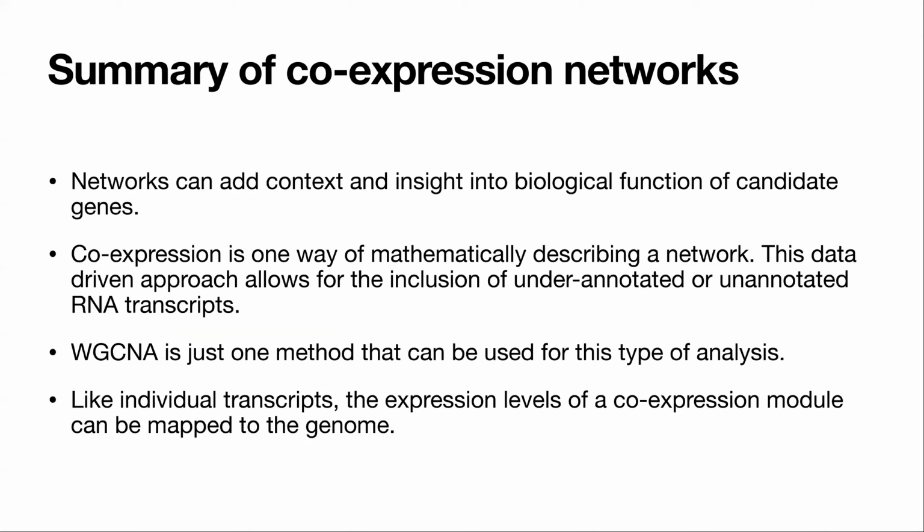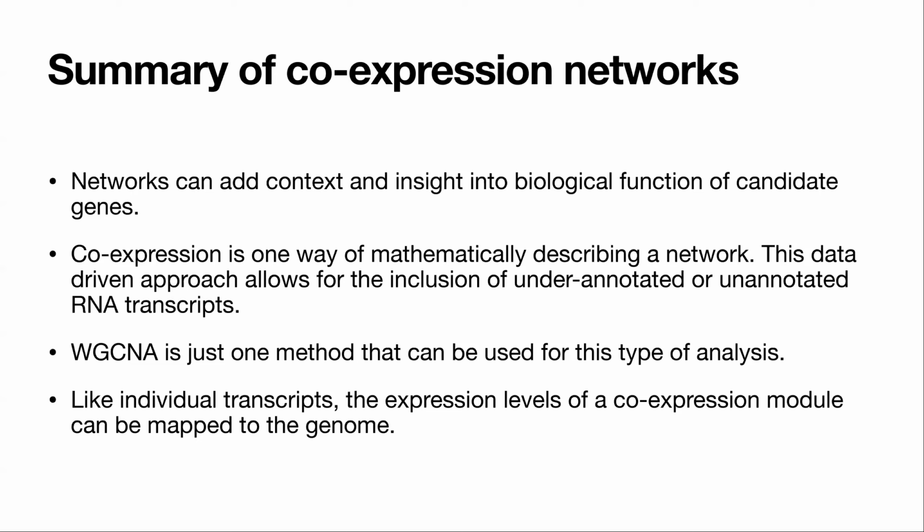Co-expression is one mathematical way of describing a network. This allows us to be more inclusive, but at times it can be to the detriment of ignoring known information about interactions, and assuming that there are specific types of relationships, whether linear or monotonic, between two transcripts.